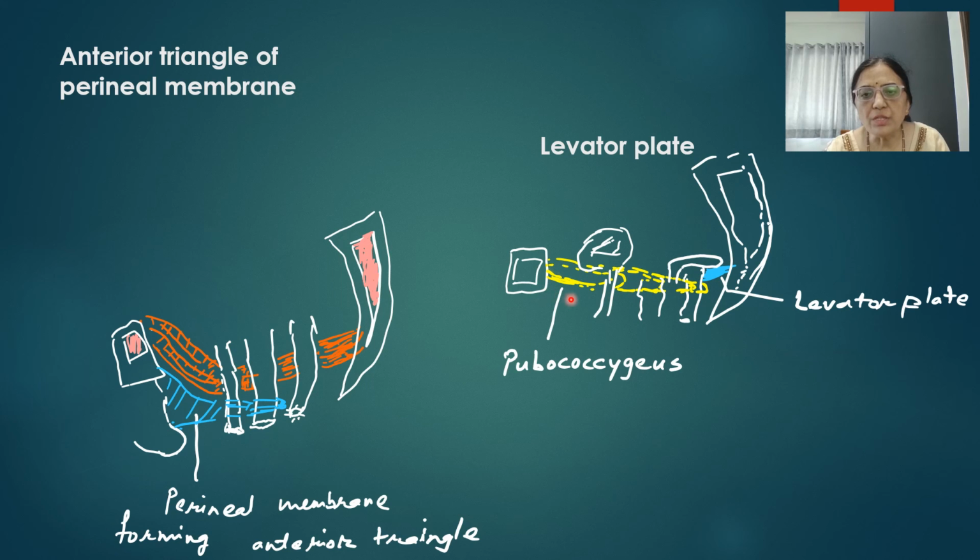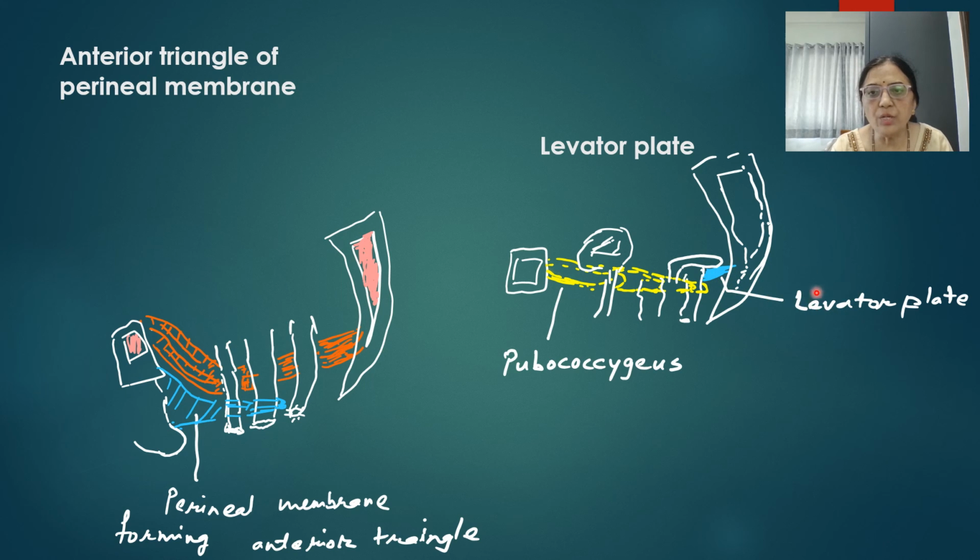And the iliococcygeus goes posterior to the rectum and gets inserted into the coccyx, this blue part. In the midline, these two iliococcygeus muscles behind the rectum fuse with each other, and there is a fibrous structure, and this fibrous tissue is called the levator plate.